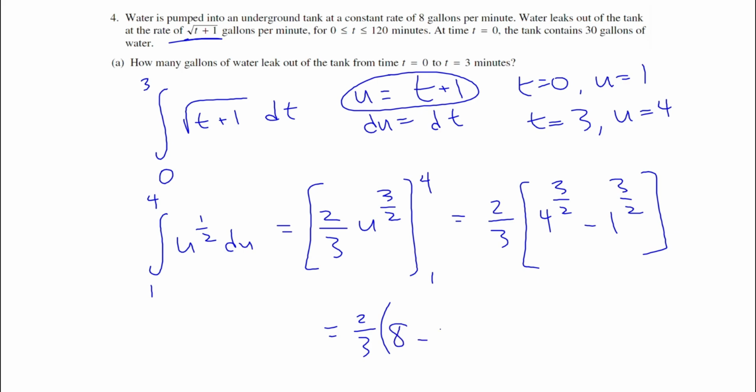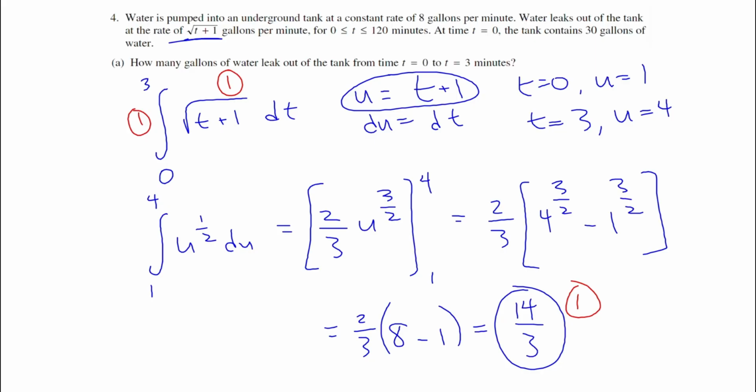And 1 to the 3/2 is just 1. So we end up with 14/3. It doesn't ask for units, it asks us how many gallons, so it's pretty obvious that this is a gallons value. We got 3 points for that: 1 for the setup with the limits, 1 for the correct integrand, and 1 in the end for our final answer.